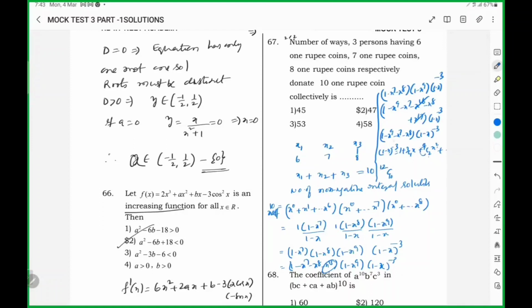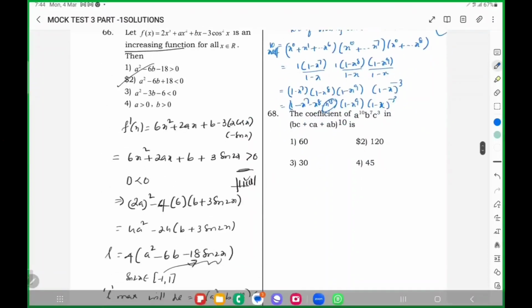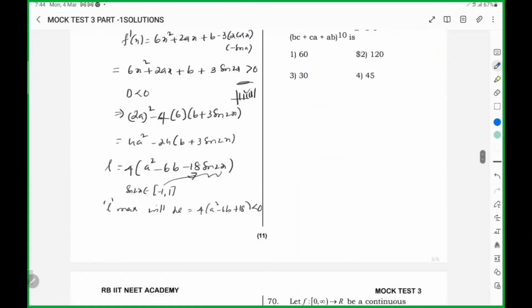The difference is constant. x power 9 means we require x power 1 coefficient. x power 7 means to get x power 10 we need the x cube coefficient, c3, again 5c3. Again here, x power 8 means we require x power 10, that is the x square coefficient, minus 4c2. Simplify all of this to get the required answer. Here it is 268.